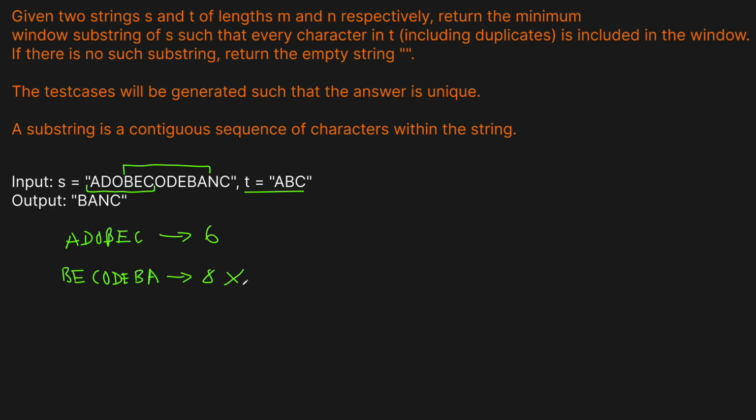So that is not a good solution because it's longer than a potential solution we found so far. But if we just grab BANC, then we can do it in 4 characters, which is actually the best solution here, and we can get rid of this one.